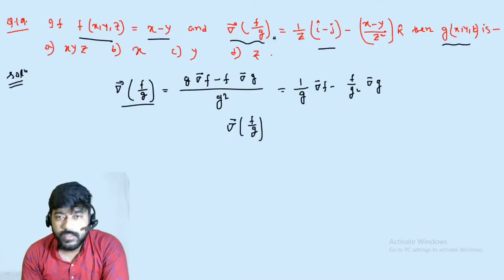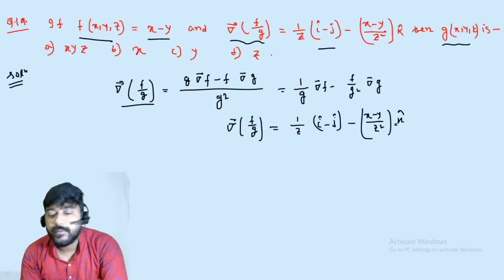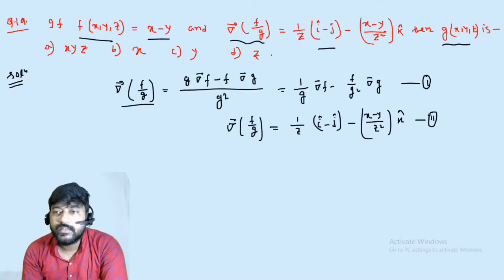But in the question, gradient of f by g is given like 1 by z into i cap minus j cap, minus (x minus y) by z square instead of f by g square, and instead of gradient of g here is k cap. So if you compare equation 1 and 2, you can easily get the g.